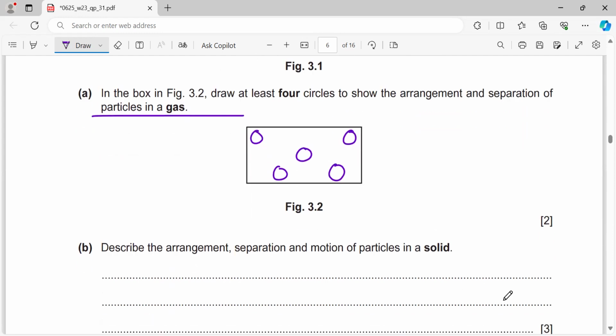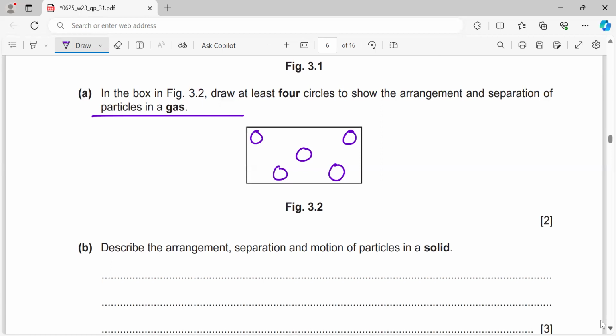So describe the arrangement, separation, and motion of particles in a solid. In a gas, the particles are widely spaced apart.